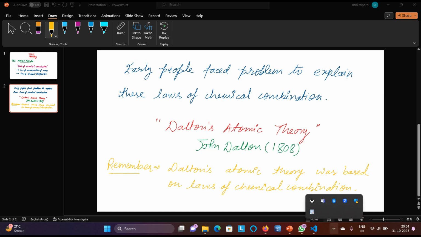And the postulates of Dalton's atomic theory are as follows.